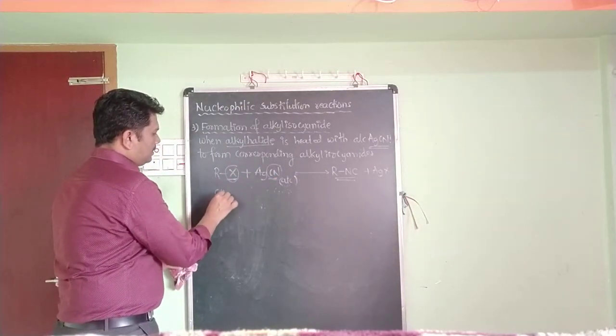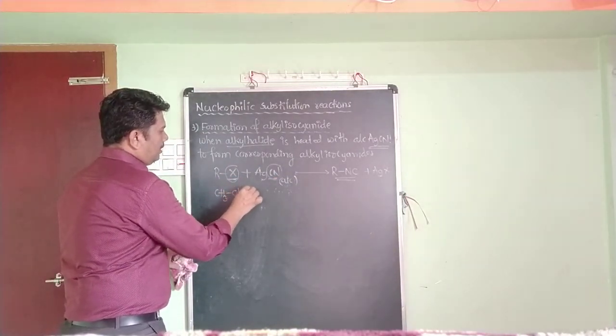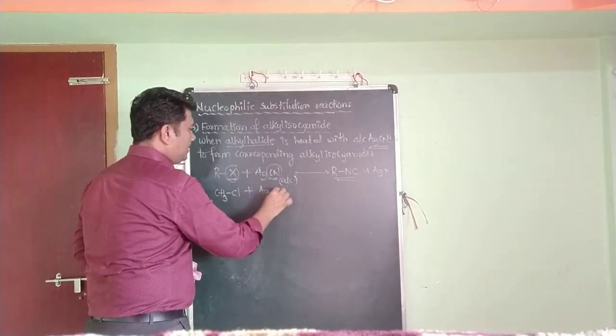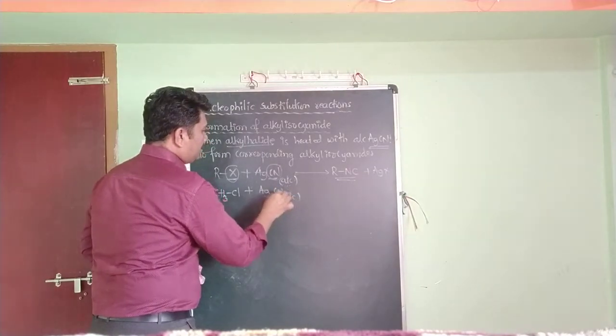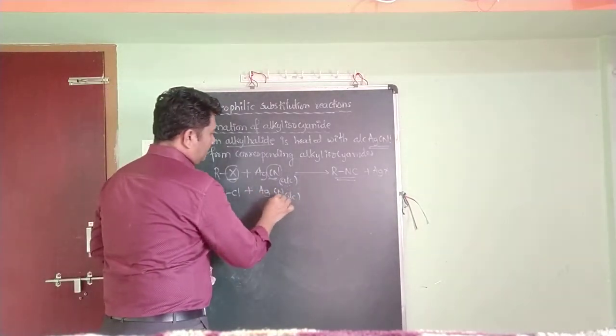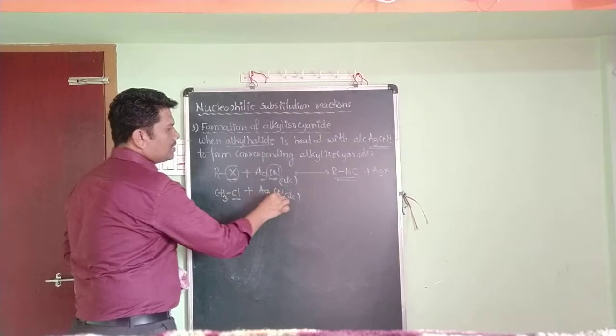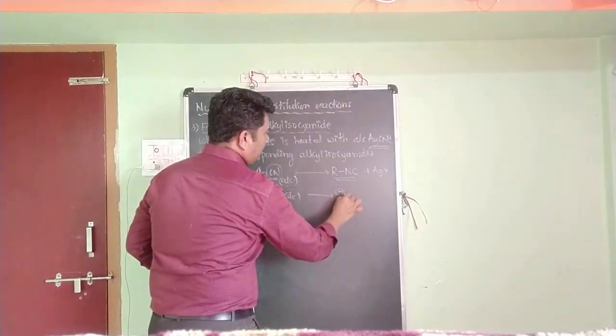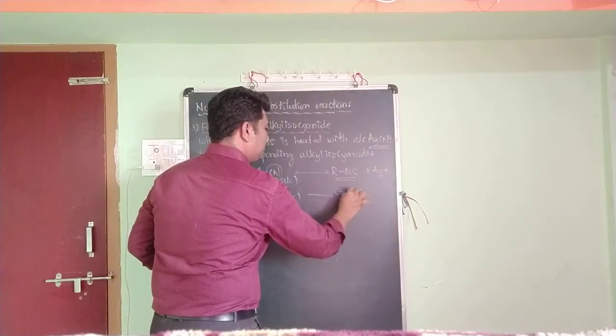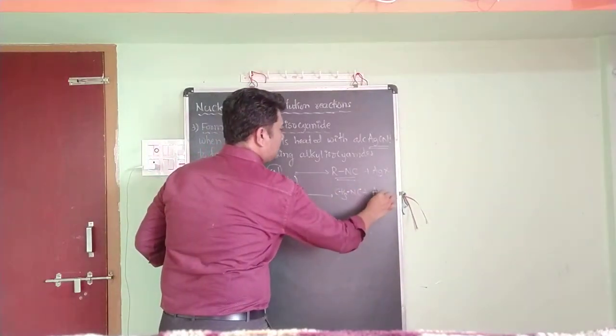We take an example: CH3Cl plus AgCN, alcoholic AgCN, that is silver cyanide. So here the weak nucleophile is substituted by the strong nucleophile. So there is a formation of CH3NC plus AgCl.